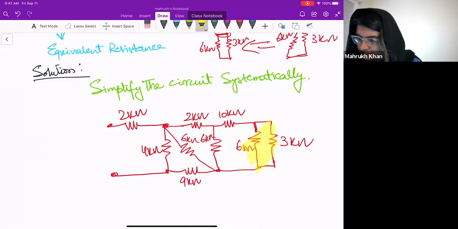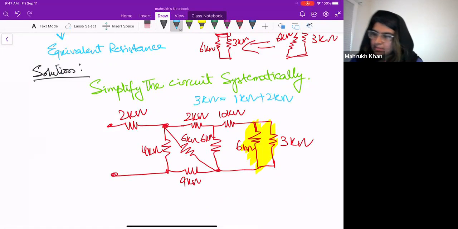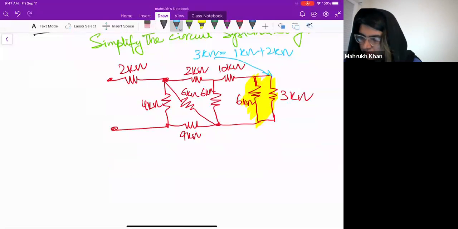So this is in parallel. What we have done before, 3 kilo ohms is equal to 1 kilo ohm plus 2 kilo ohms, right? This was our 3 kilo ohms. Now these two are in parallel.